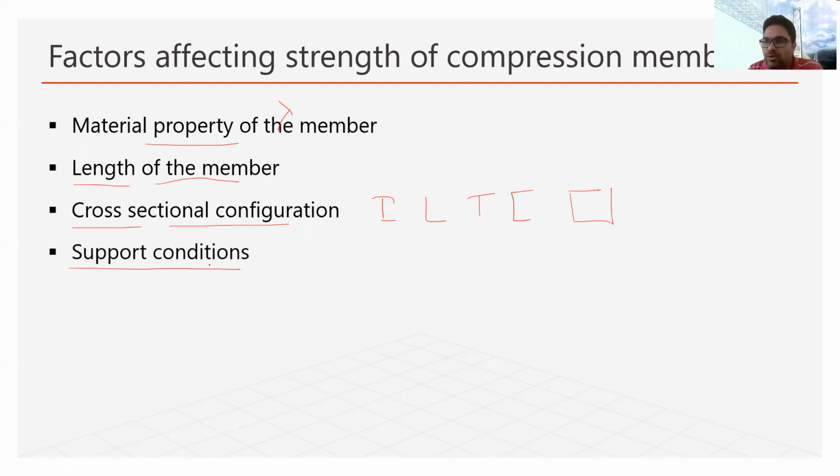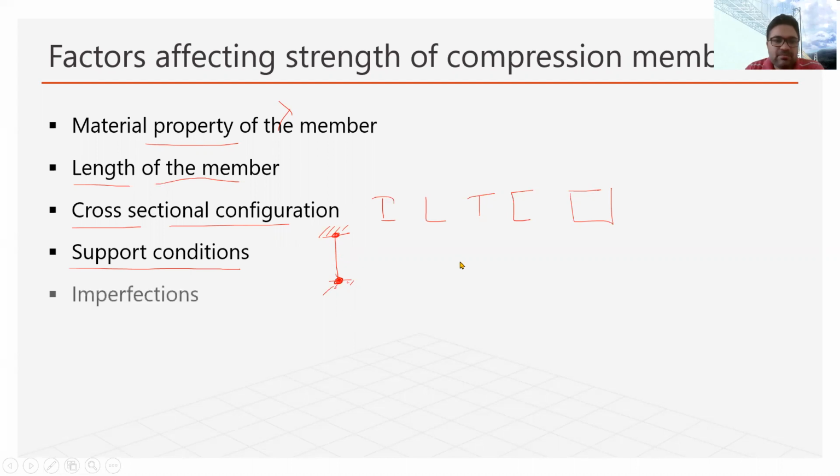Support conditions are also one of the factors that affect the strength of the member. If I say this is the column, how the column is held at the ends, whether it is fixed, free, or hinged, this end condition is very important to determine the strength.